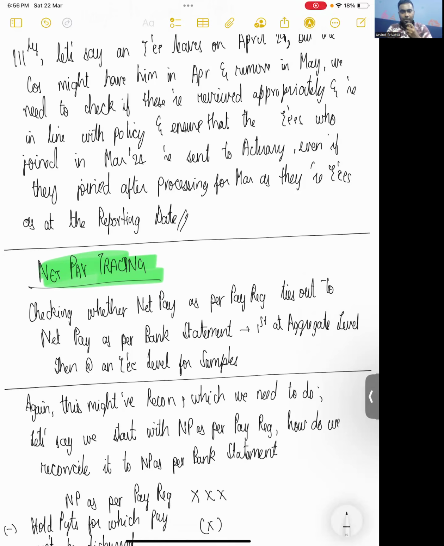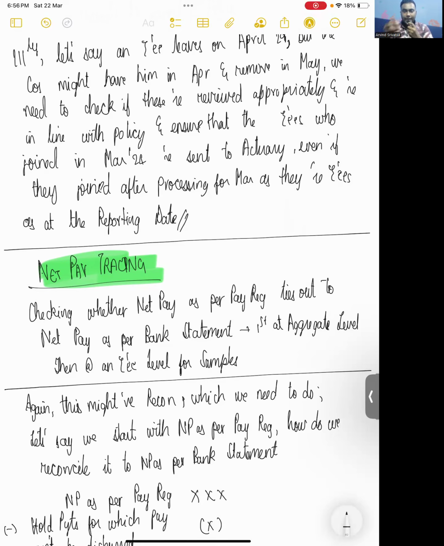So you have a concept called master file. Let's say there are 100 employees in a company. Let's say the company makes the net pay payment through HDFC Bank. So the company will submit a list of employees for whom the net pay is to be made, along with their account details, where they hold an account, along with their other credentials, for the bank to make the payment in batches.